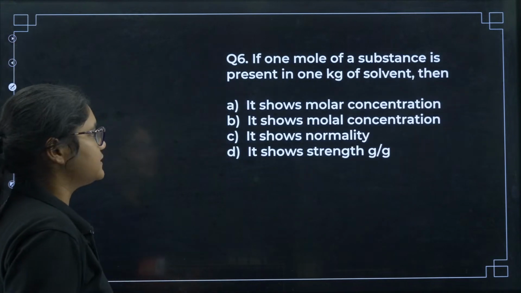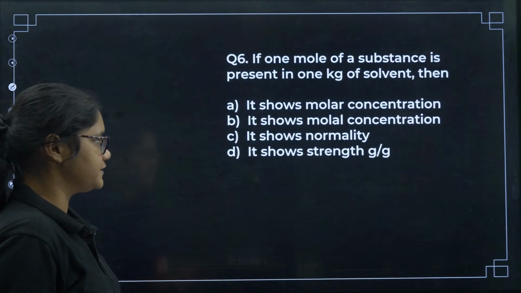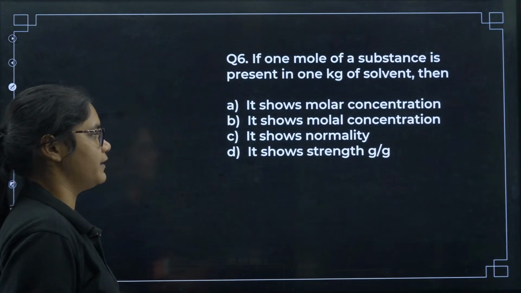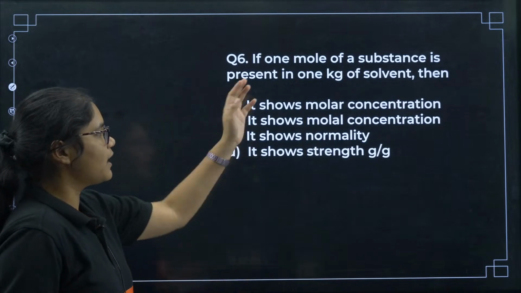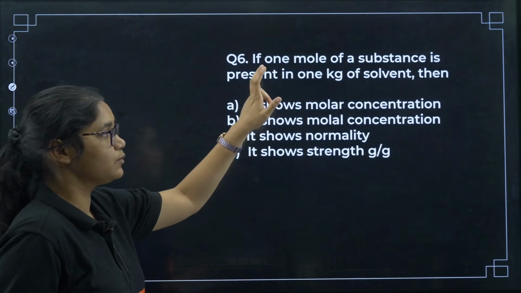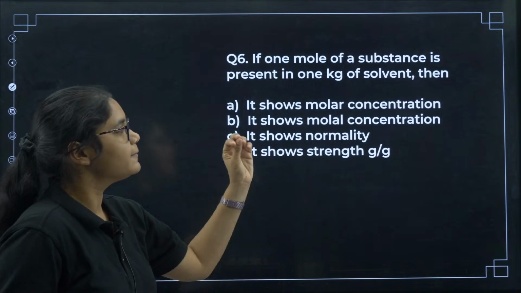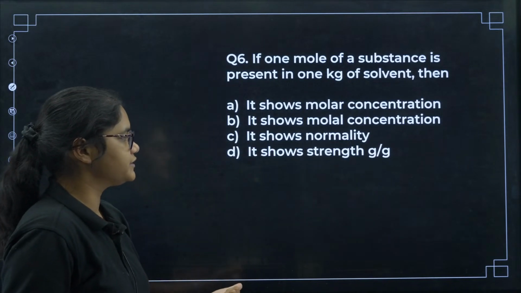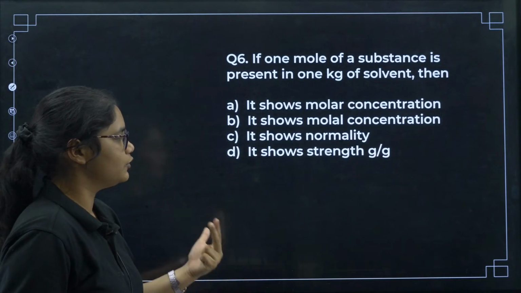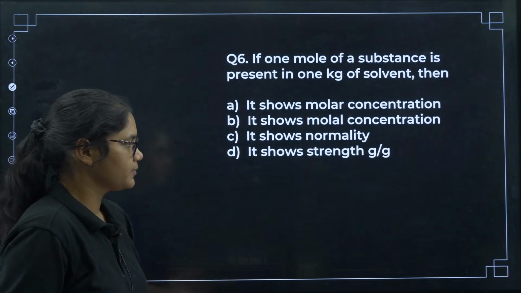Next we have question number 6. If 1 mole of a substance is present in 1 kg of solvent, then what does it show? Molar concentration, molal concentration, normality, or strength?